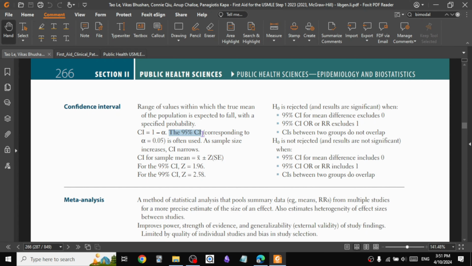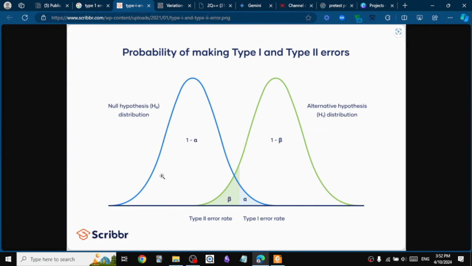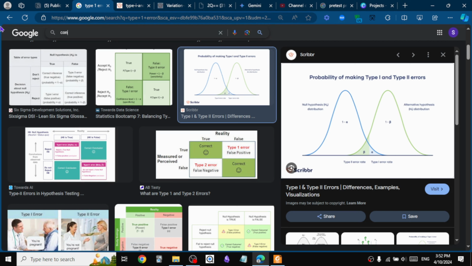The 95% CI, which corresponds to alpha equal to 0.05, is often used. We want to make sure 95% of the time we are confident in what we are achieving. As sample size increases, the CI narrows, right? Even though I am introducing this graph here, let me give you a confidence interval graph.